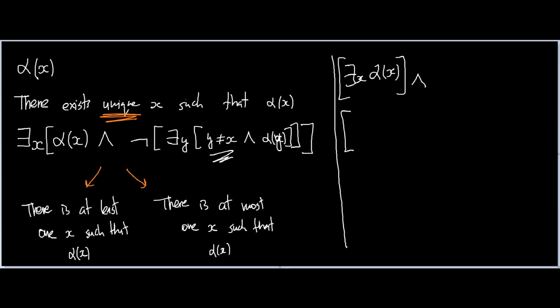So clearly we have to quantify variables here, because we're talking about the quantity of x's. We're saying there can be at most one. So it's about the quantity of the x's for which alpha x is true. And if we can't use the existential quantifier, then we have to think of how to use the universal quantifier.